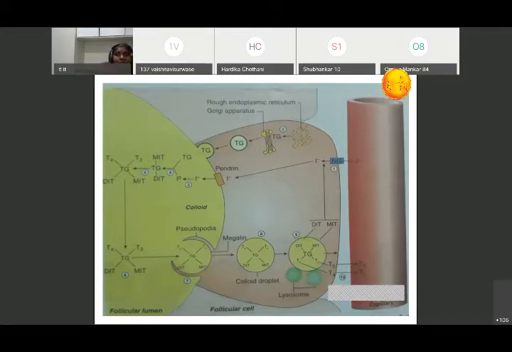In the follicular cavity, thyroglobulin is cleaved into two types. One is monoiodotyrosine and second is diiodotyrosine.